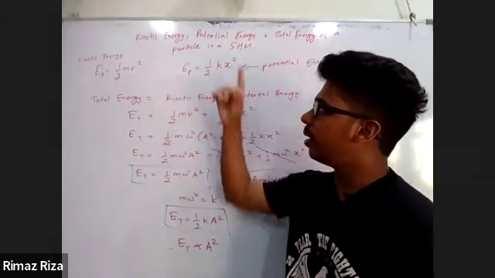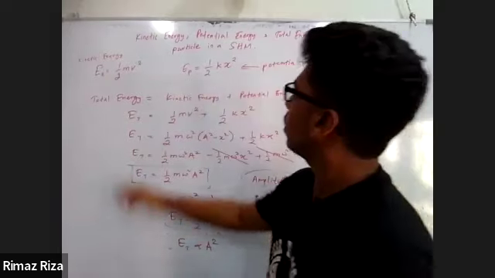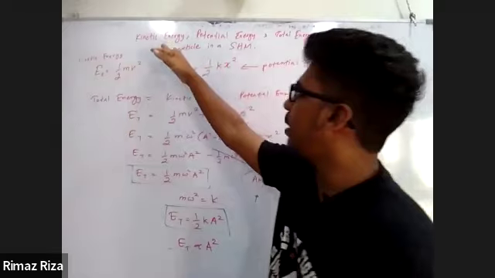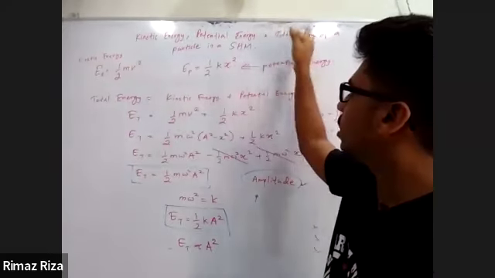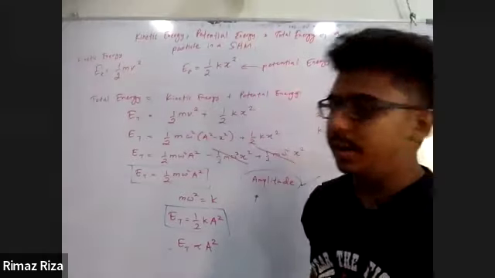The next topic under this subtopic: write down the graph of the variation of kinetic energy, potential energy and total energy of a particle in simple harmonic motion with its displacement.